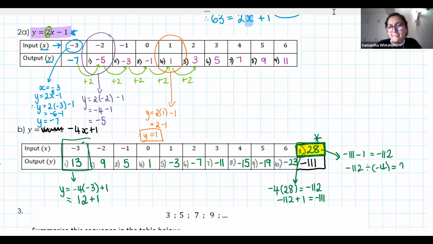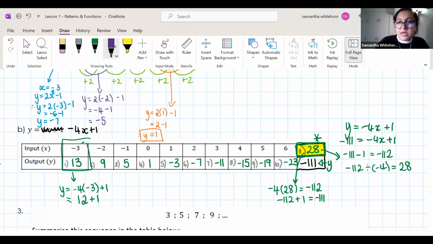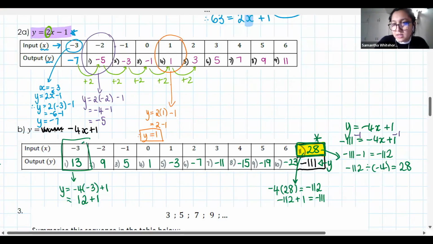Oh, that's smart, but that was so fast. Thank you, Vaishya. That was really nice. So guys, what Vaishya just said is using the rule. So y is equal to minus 4x plus 1. If we substitute in what we know, negative 111 is y. So it'd be negative 111 is equal to minus 4x plus 1. Our inverse operations tell us to subtract 1 on either side, hence the minus 1 there.